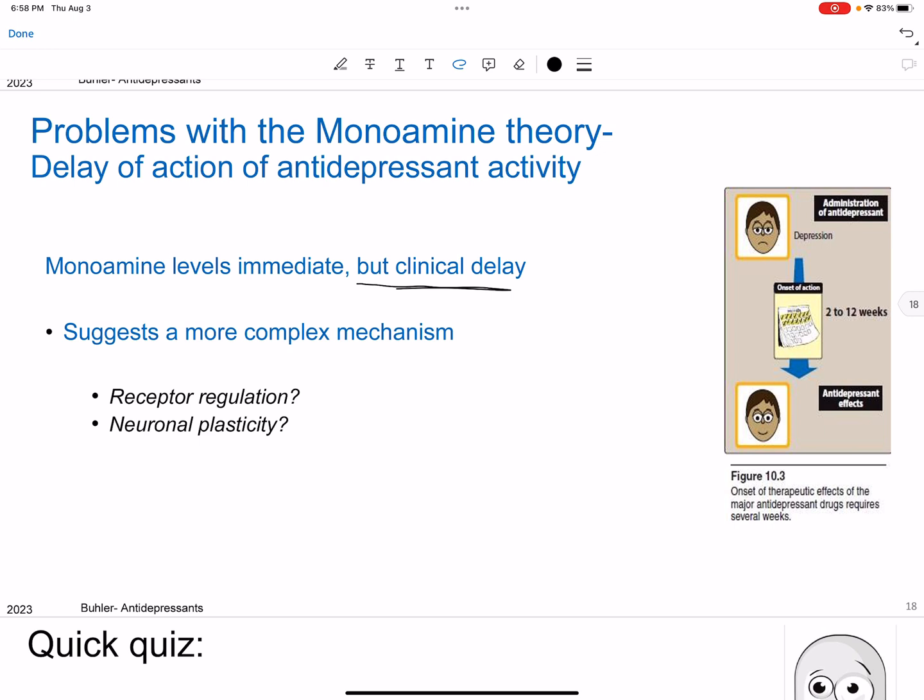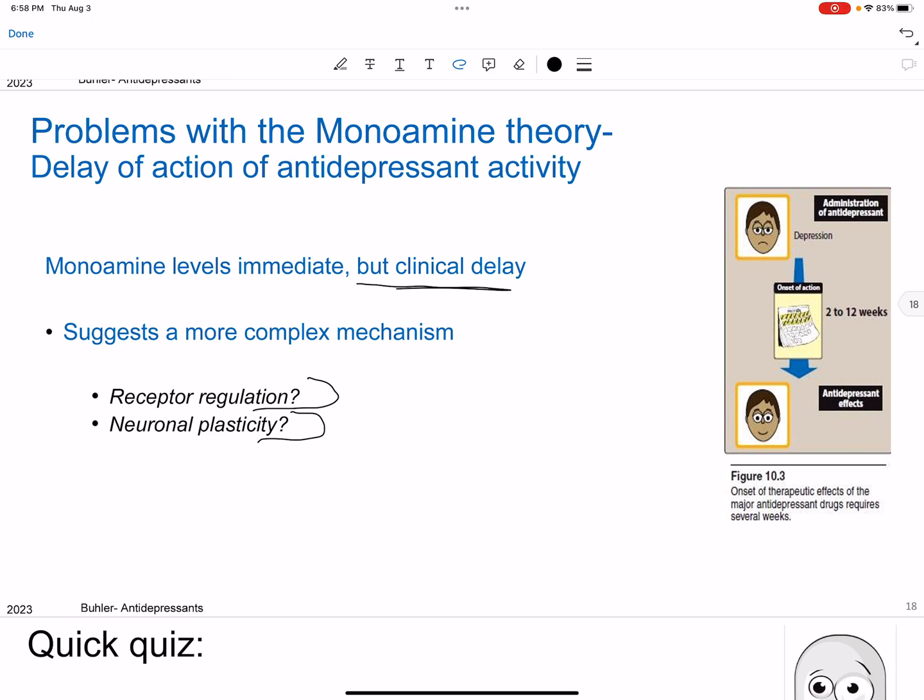And if you ask a neuroscientist what could cause long-term changes that take weeks to occur, they're going to say, oh, you could up or down regulate receptors. You could change the number or strength of synapses. So we're going to be looking at all these really interesting ways that a neuron can remodel itself and remodel its connections in order to make up for that.